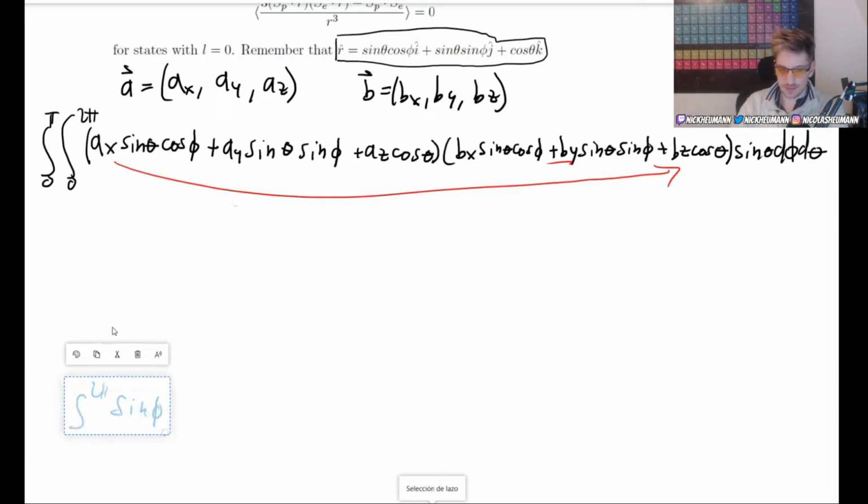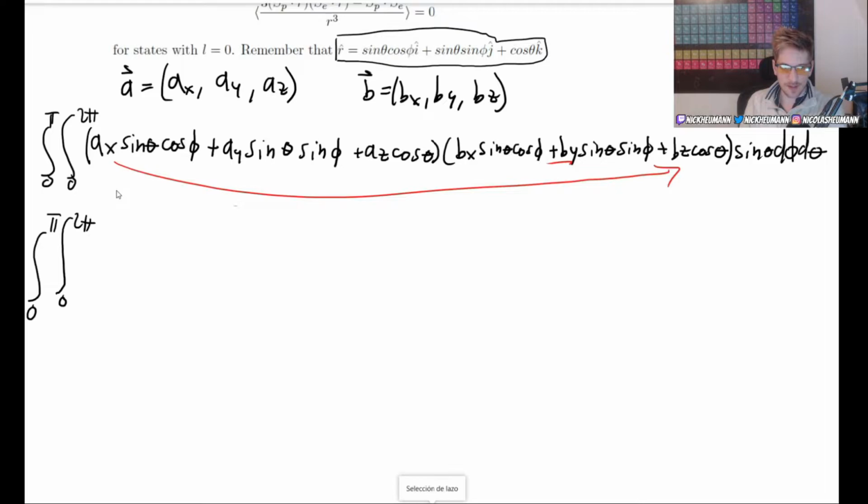All right. Okay, so let's now write only the parts that will not be 0. So we will have to integrate from 0 to pi, from 0 to 2 pi, the ax bx part, which will be sine cubed of theta, and then cosine squared of phi, d phi d theta.